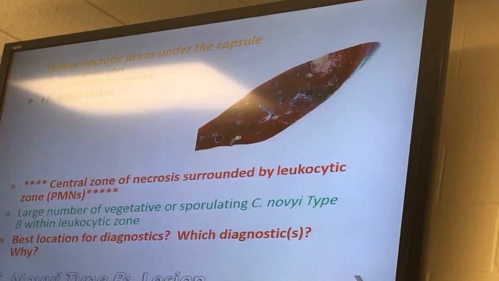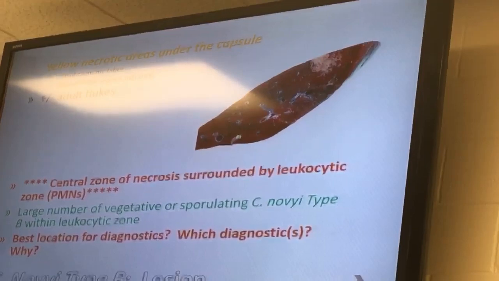The necrotic area, so you can do an impression smear or a swab, and then wherever you see those dark tracks, that's where most of your bacteria is going to be. Or spores. Neat, huh?